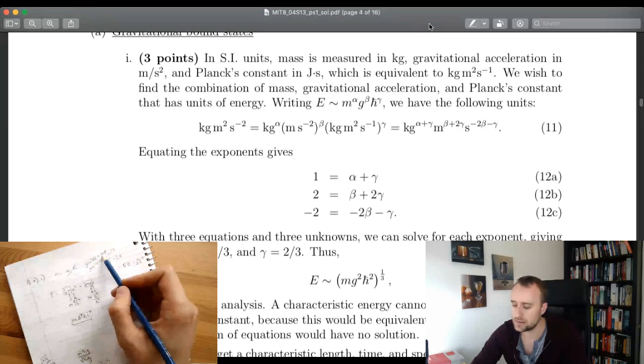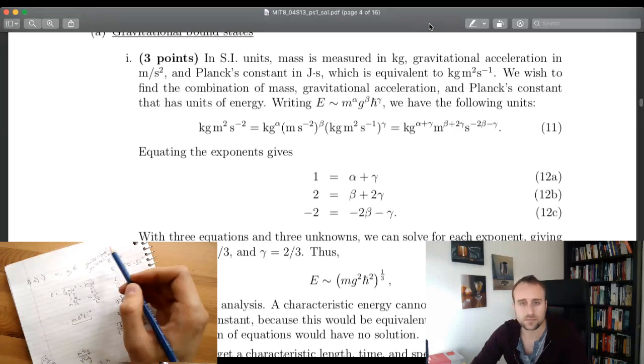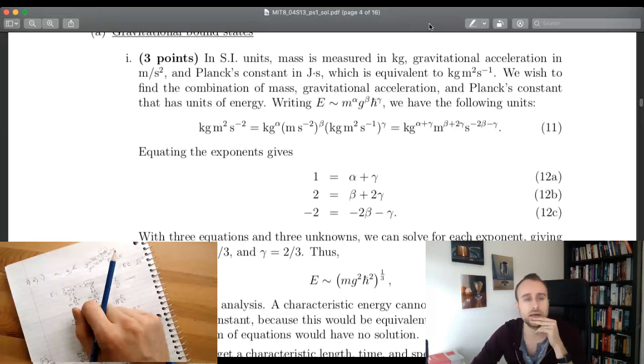I put it as meters second, and instead it is kilogram meters squared per second. So we wish to find the combination of mass, gravitational acceleration, and Planck's constant that has units of energy.